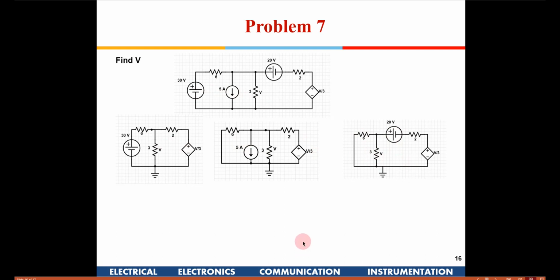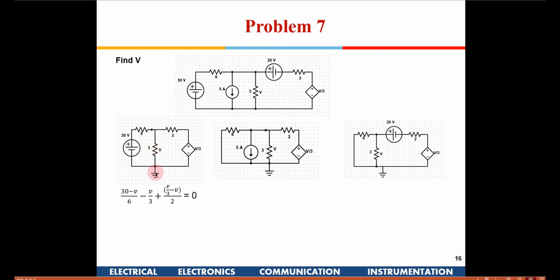Is it okay? So having done that, we can write the node equation out here. In this case, the current which is coming into the node is (30 minus V) by 6. This is the resistance, and here it is going to be negative because this current will flow out of the node, because V is positive.